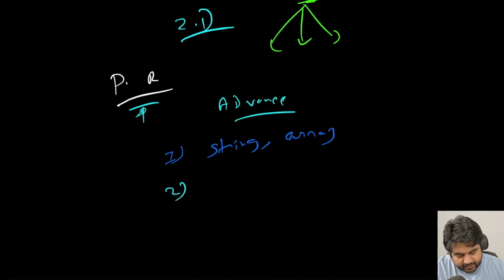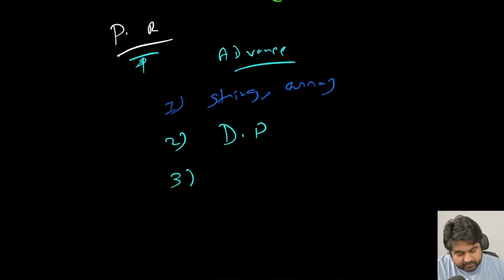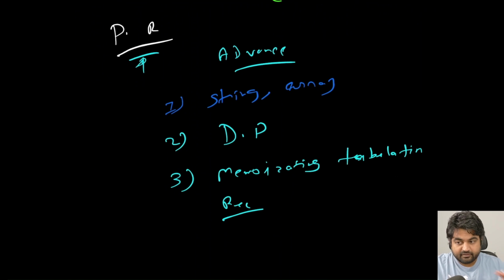Second, I want you to have an idea of how typical normal dynamic programming works, because this is taking it one step further than we already have. And third, you should be familiar with how memoization and tabulation work. These are two different ways of iterating over any particular problem, and you need to encounter recursion and iteration in different scenarios.